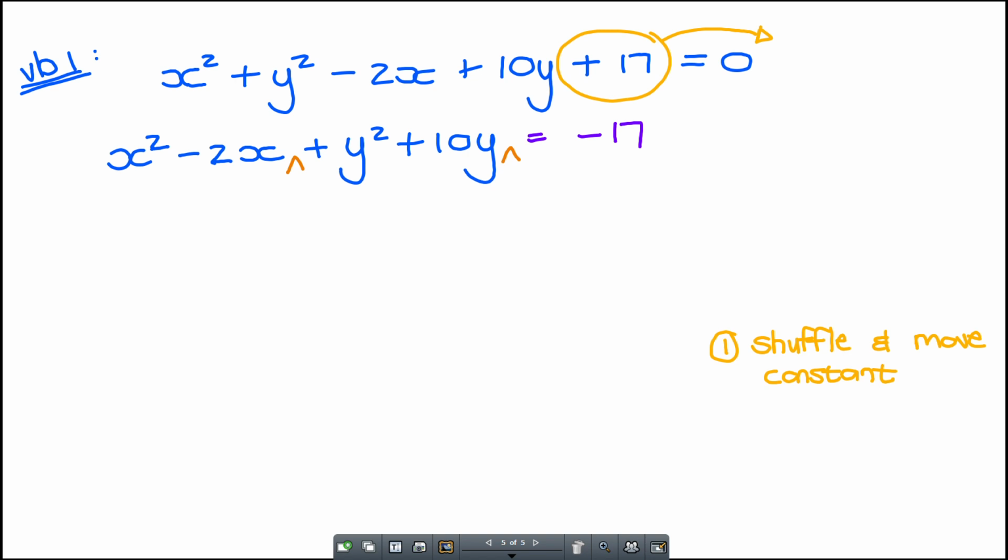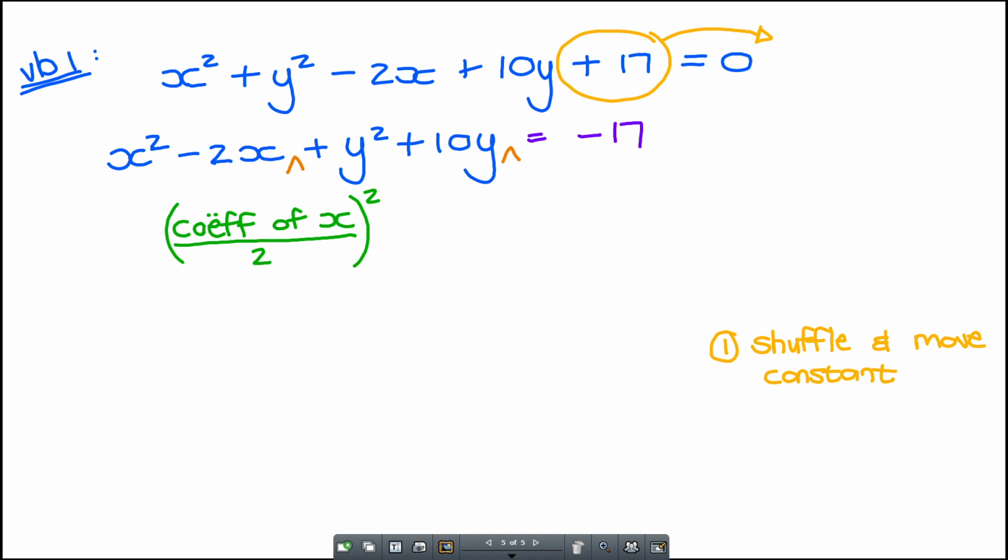So what we're going to do is you take the coefficient of x, and then we divide by 2, meaning we get half of it, no? And square.